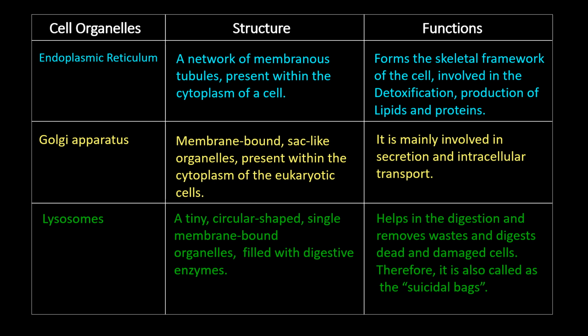Endoplasmic reticulum, a network of membranous tubules present within the cytoplasm of a cell, forms the skeletal framework of the cell, and is involved in detoxification and production of lipids and proteins. Golgi apparatus, membrane-bound sac-like organelles present within the cytoplasm of eukaryotic cells, is mainly involved in secretion and intracellular transport.